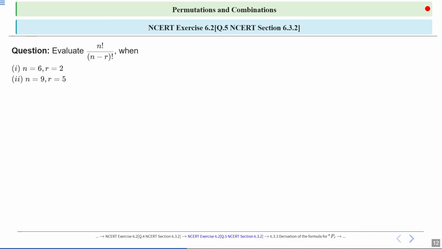Now, in this question, we need to evaluate n factorial upon n minus r factorial, where in the first part n is equal to 6 and r is equal to 2, and in the second part n is equal to 9 and r is equal to 5.